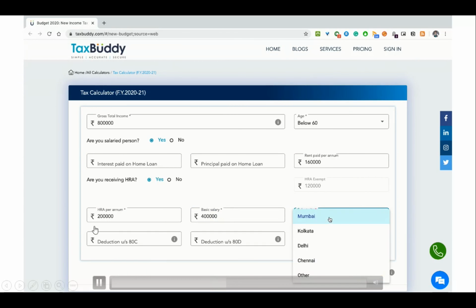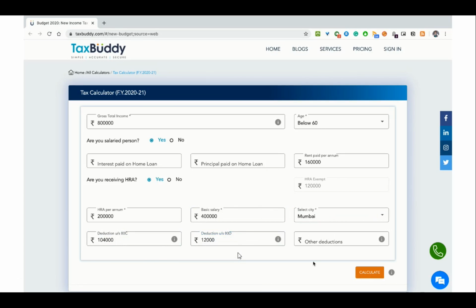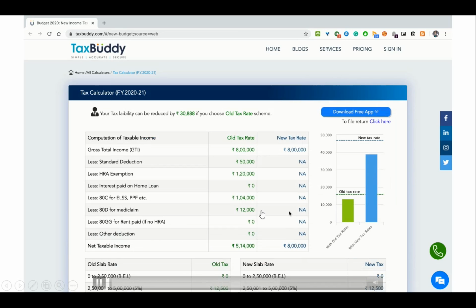Deduction under 80C, which will be cumulative of PF, tuition fees, LIC, etc. Deduction under section 80D, which is 12,000 paid for my mediclaim, and any other deductions not included above. Calculate. Result: your tax liability can be reduced by this much if you choose the old tax regime.